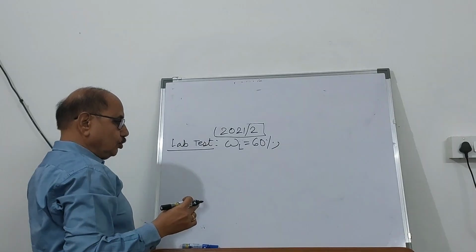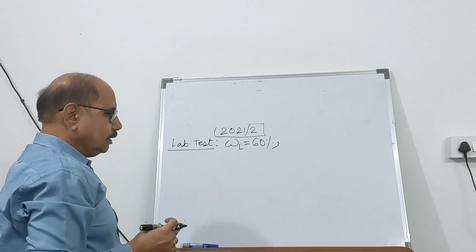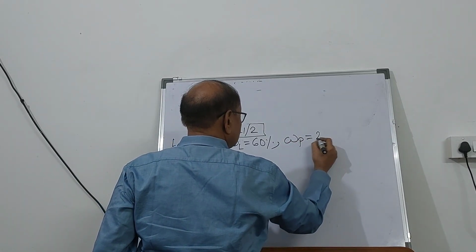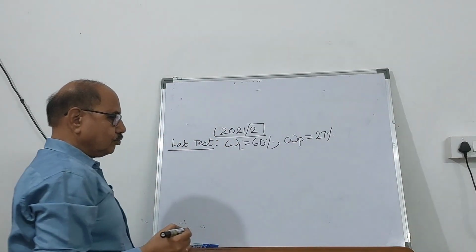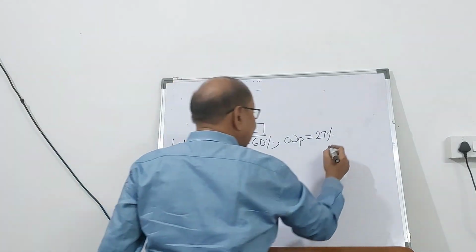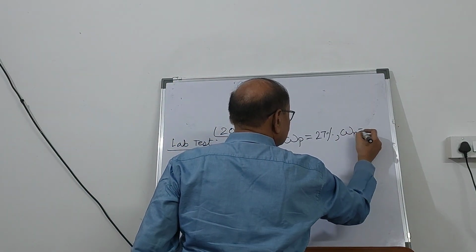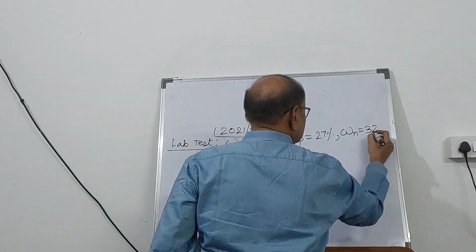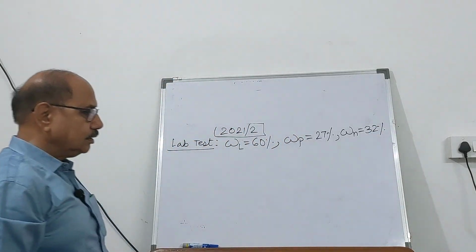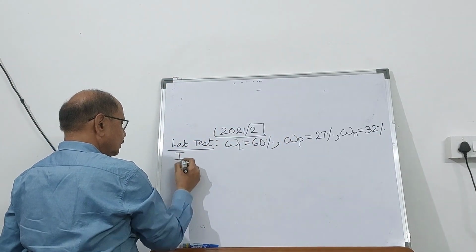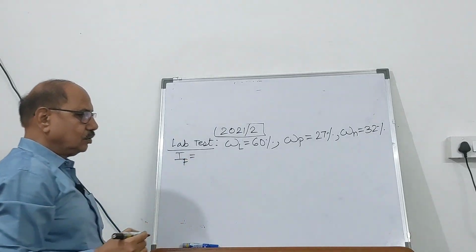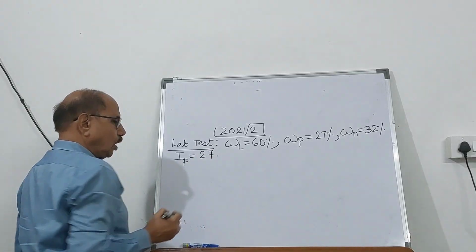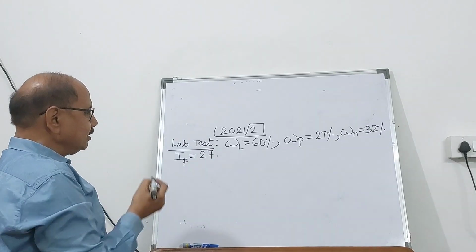So liquid limit is given to you, and the plastic limit is also given as 27%, and the natural water content is given as 32%. And the flow index has been found out from the flow line as 27. So from the lab test, the information is given to you.